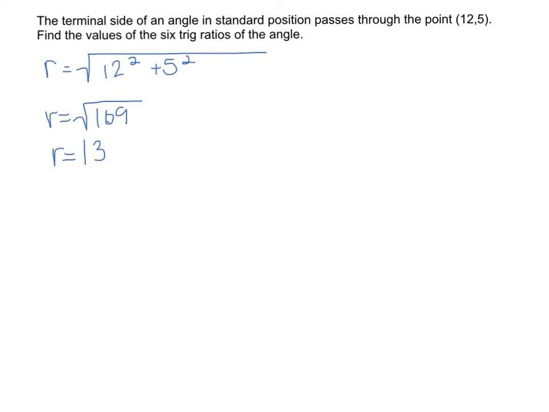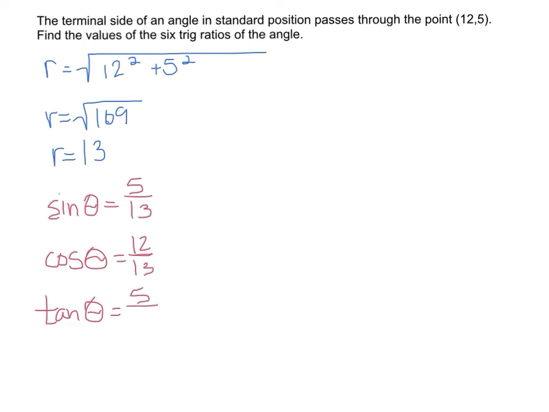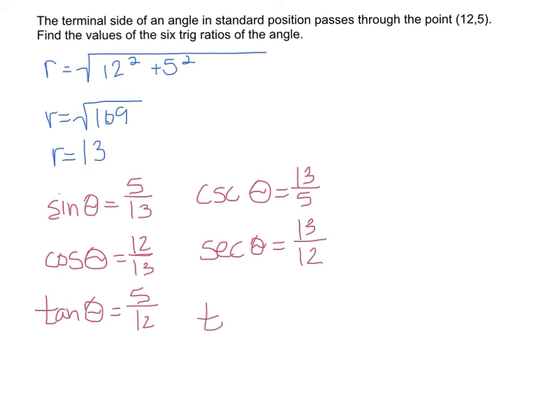We can figure out those 6 trig ratios. In this case, we don't have any radicals, we don't have any negative values, and everything simplifies quite nicely.